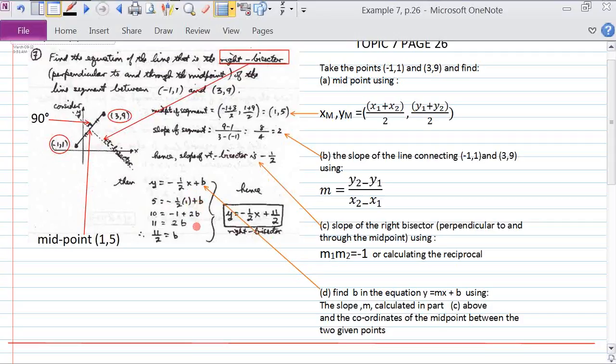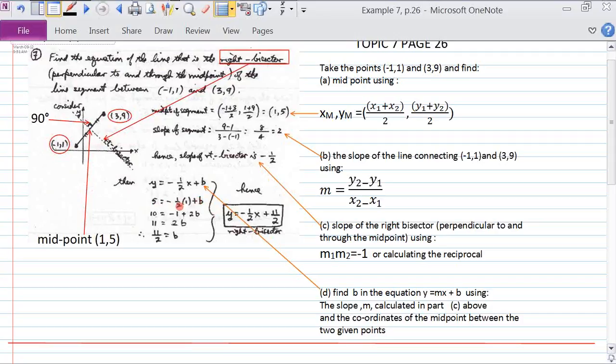Now we multiply this line through by 2 because we don't want a fraction.